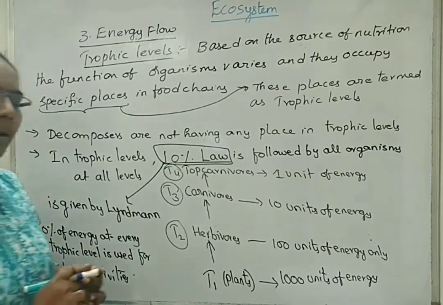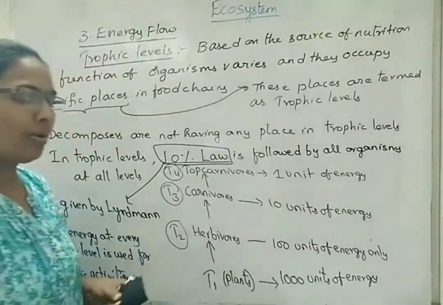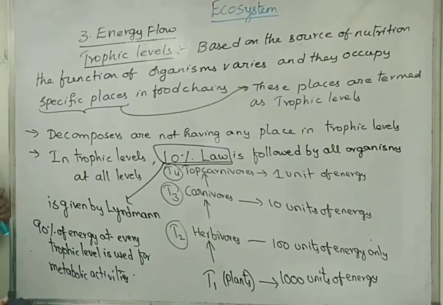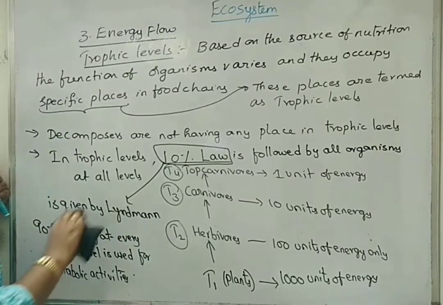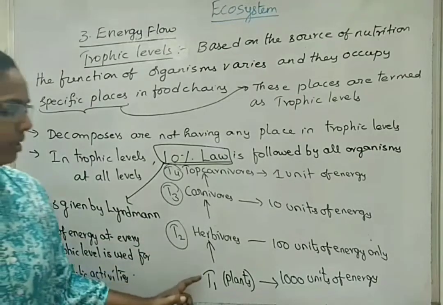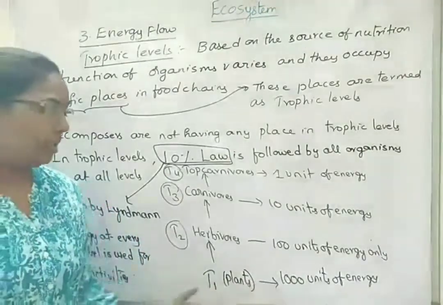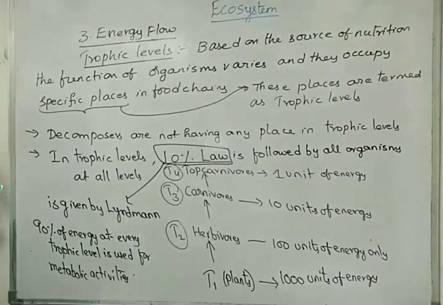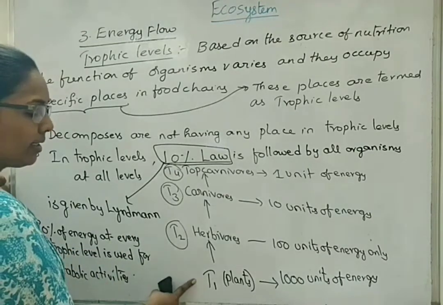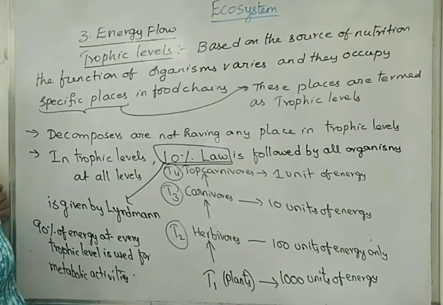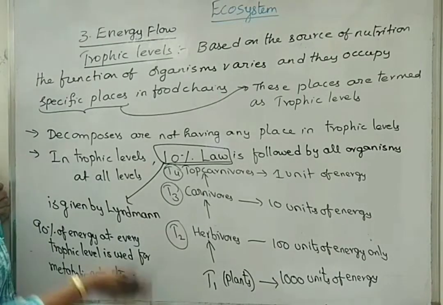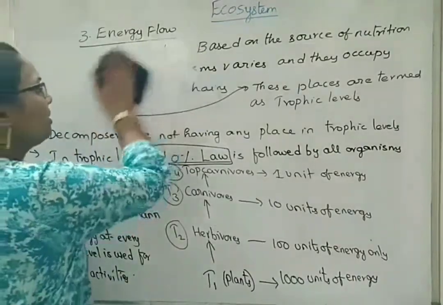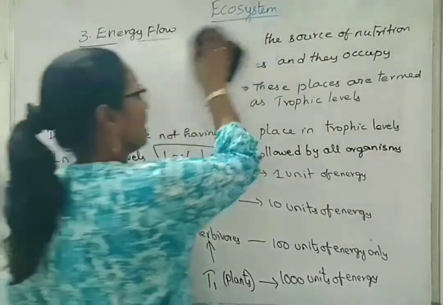So there are some other terms called standing crop and standing state. What does it mean? At every trophic level, the total energy content. Suppose T1 is having 1000 units of energy. So this total 1000 units of energy can be considered as a standing crop. But when the organic matter is converted into inorganic minerals or nutrients, then it is called the standing state of that trophic level. We will see just two terms, standing crop and standing state.